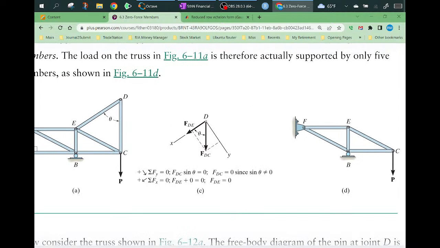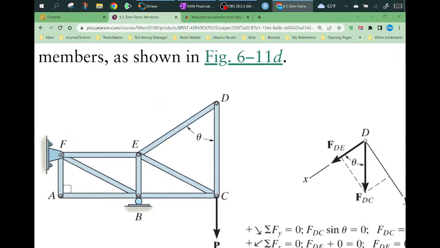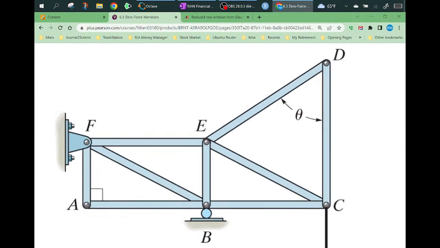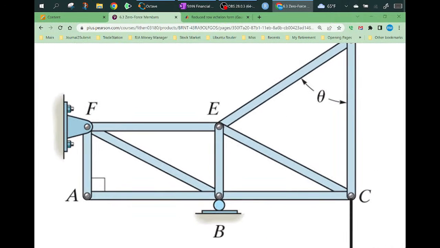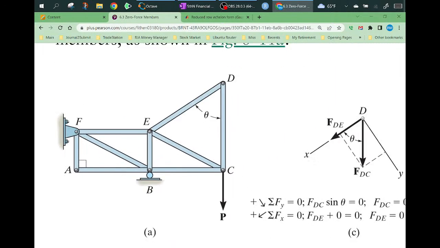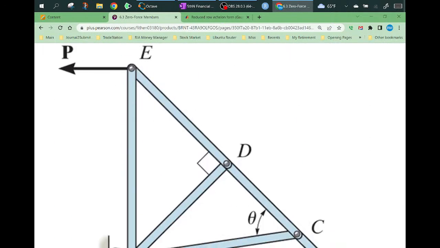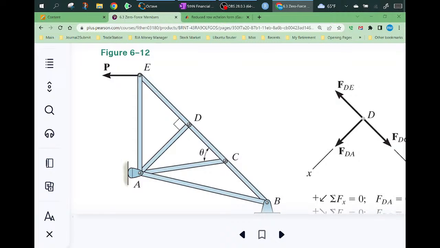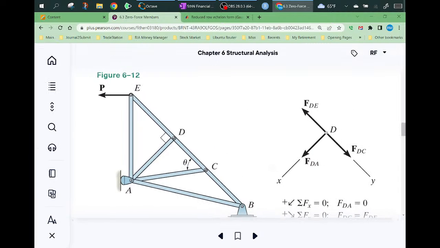That's what he's doing here. So essentially, if you have something that's sort of hanging out there by itself, like an A, or like I had, the ones that were just hanging. Let's see if I can find one in here. Now, here's a D and a C, and what you're going to find out is the one that goes from A to D, and then A to C, both of those are not going to carry a load.